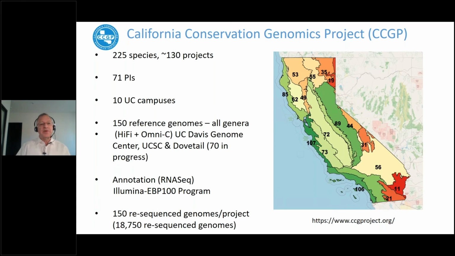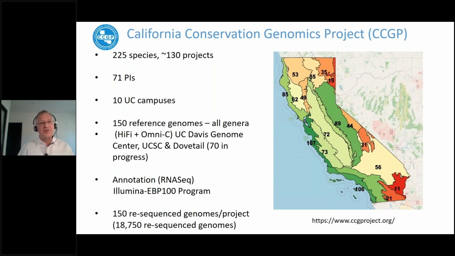And this will be done by providing kits for library production, as well as the flow cells for sequencing both the RNA-seq libraries and the Omni-C libraries.